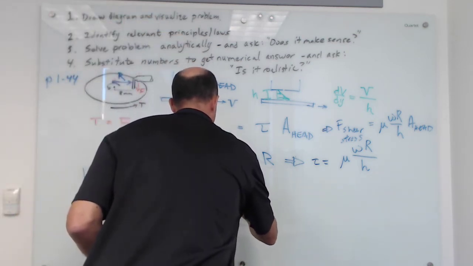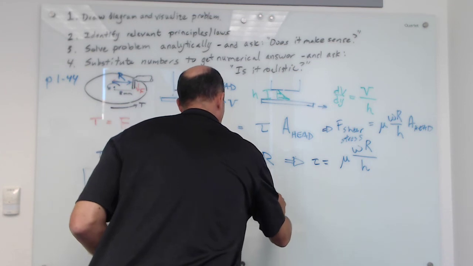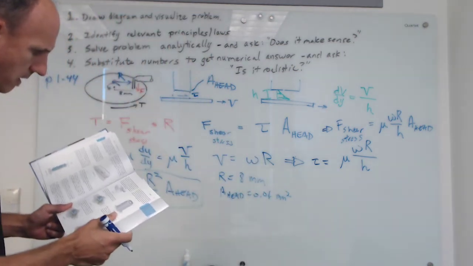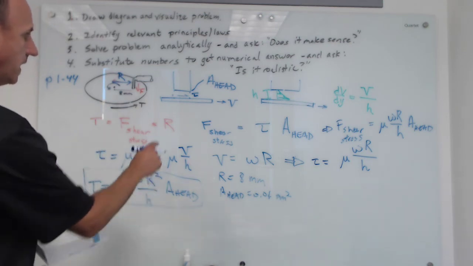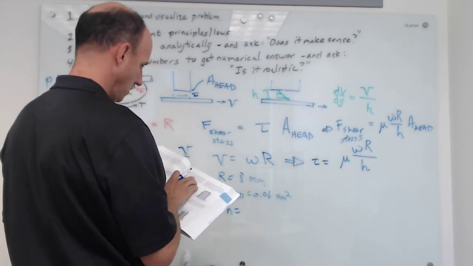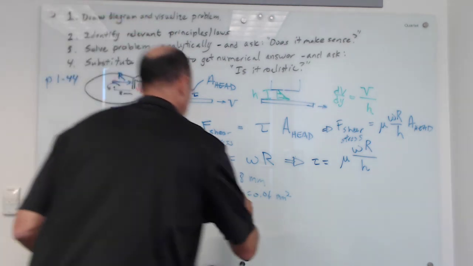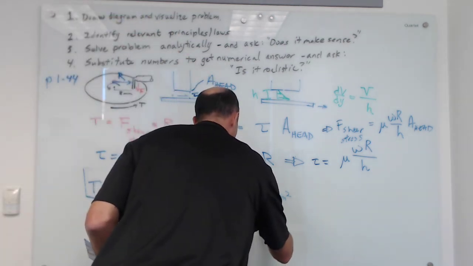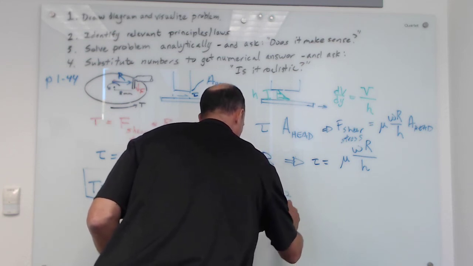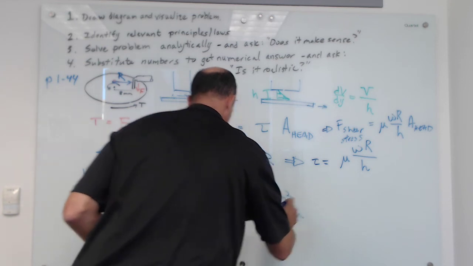So the area of the head is 0.04 millimeters squared. And I know that the gap height here, h, we're told is equal to 0.04 micrometers, so times 10 to the minus 6 meters.